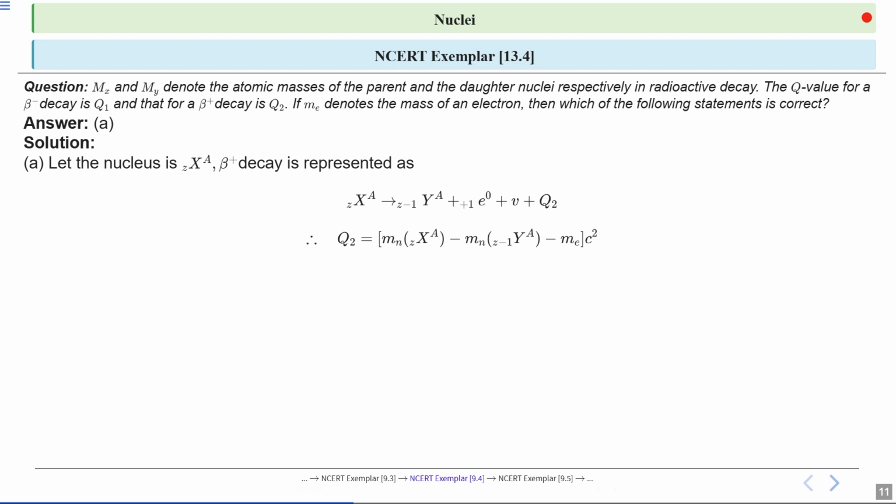This shows energy comes from the mass difference of parent and daughter nuclei minus the positron mass. Mn here is the mass of nucleons and m is the mass of the positron.